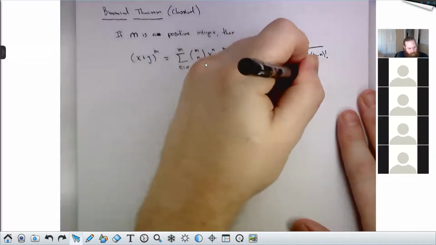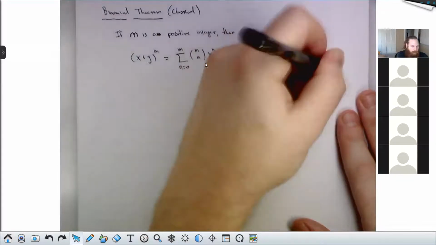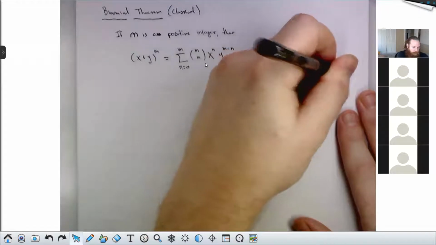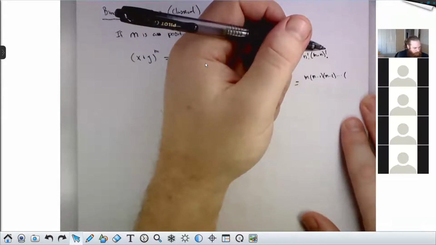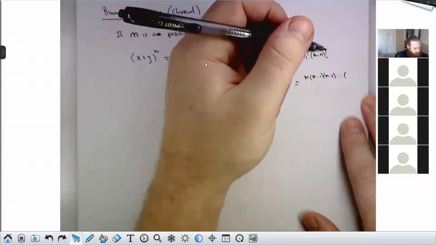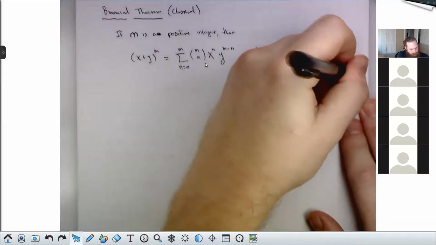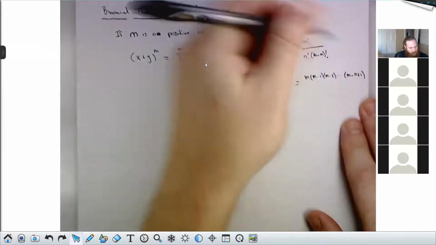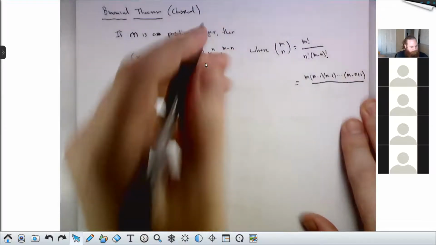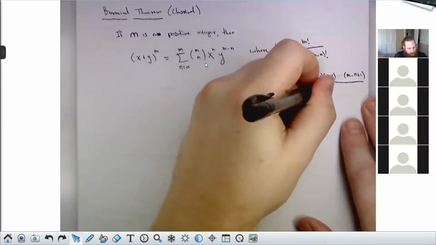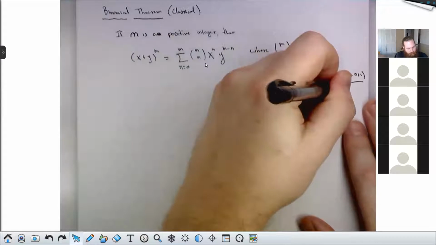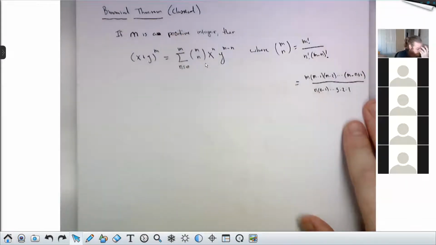It can be written as m times m minus 1 times m minus 2, all the way down to m minus n plus 1, and then downstairs here we would have n times n minus 1 down to 1. But most people think of it like this.